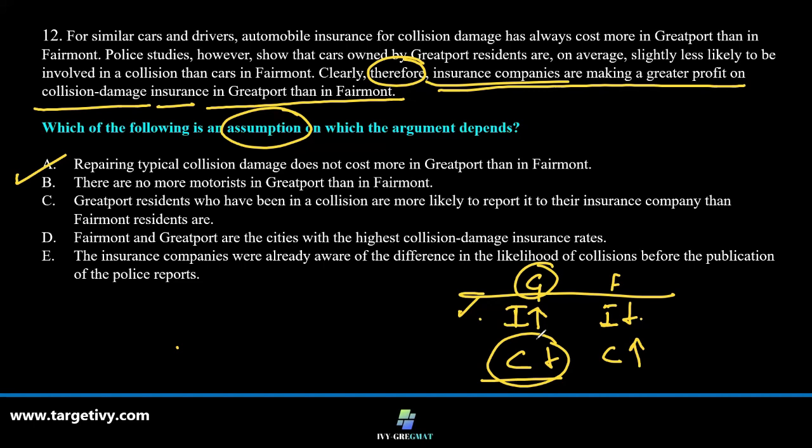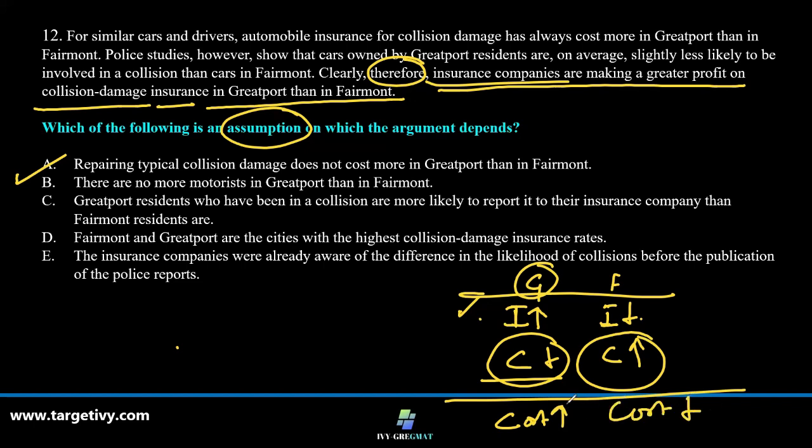Let's think that if the cost is high here and the cost is low here, the insurance company only pays for the cost. And if this is the thing, then insurance companies are not making profit. Hence, the assumption is that repairing typical collision damage does not cost more in Greatport than in Fairmount.